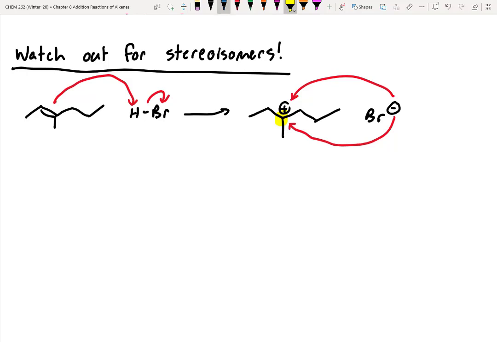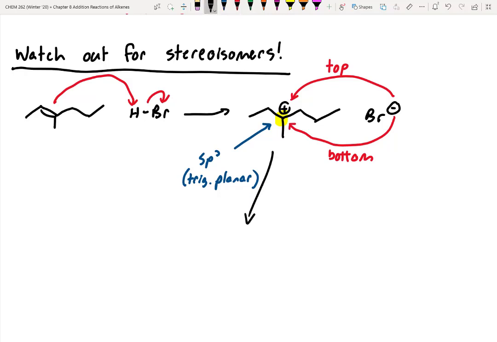It's trigonal planar, right? So over here we'd say sp2, meaning it's trigonal planar. So this bromide really has no preference for attacking the top face or the bottom face. It can attack either side. And we'll see why that matters here in a second.